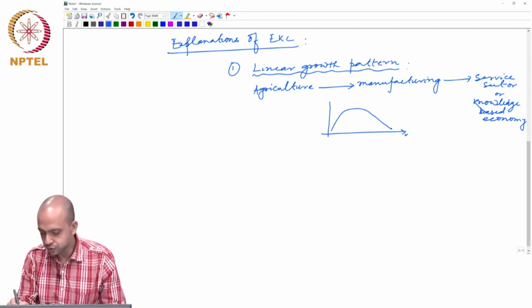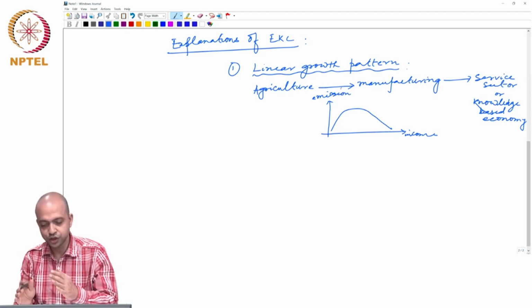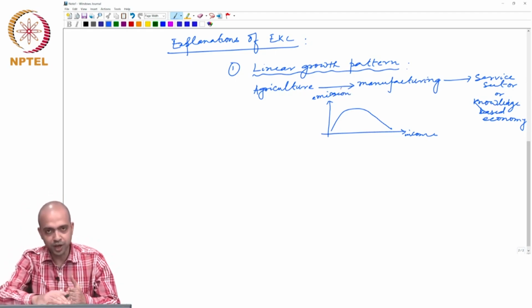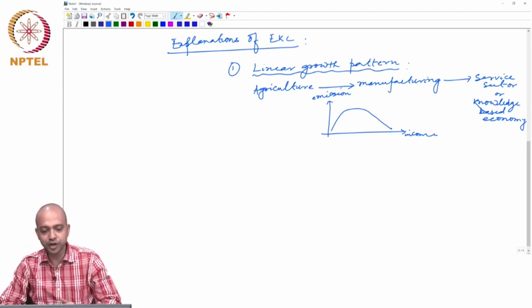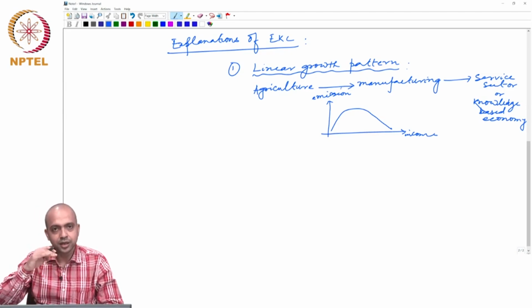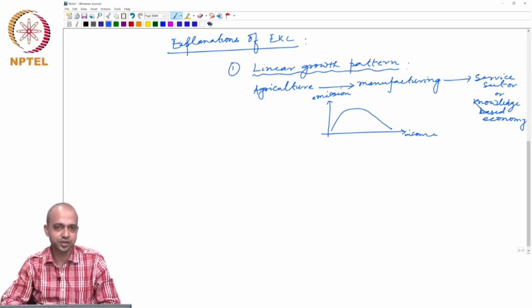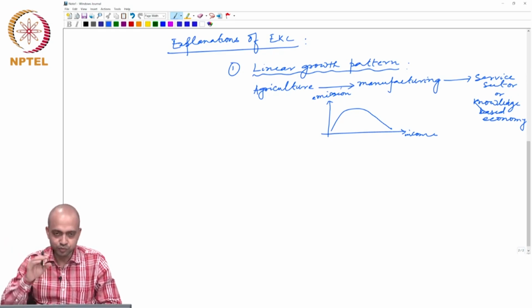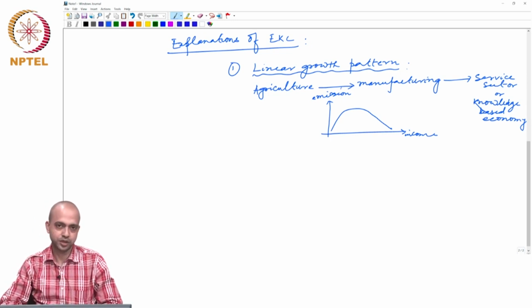As a result, we will get this type of inverted U-shaped relationship if the growth path is linear in nature. So, this linear growth pattern, agriculture, manufacturing and service, explains why we observe an inverted U-shaped relationship between economic growth and emission. Is this clear?